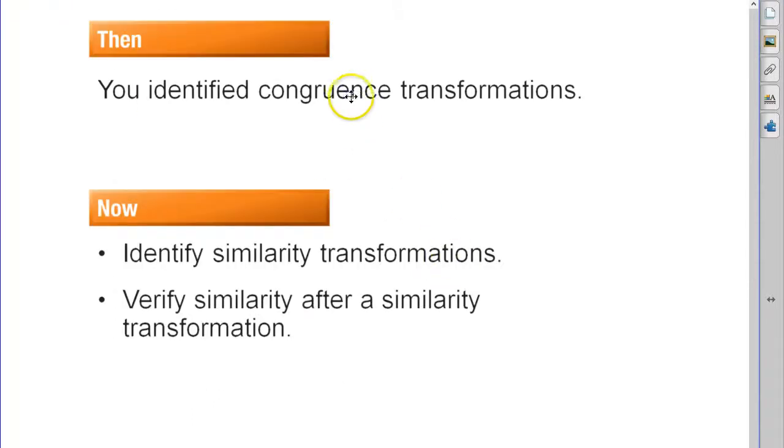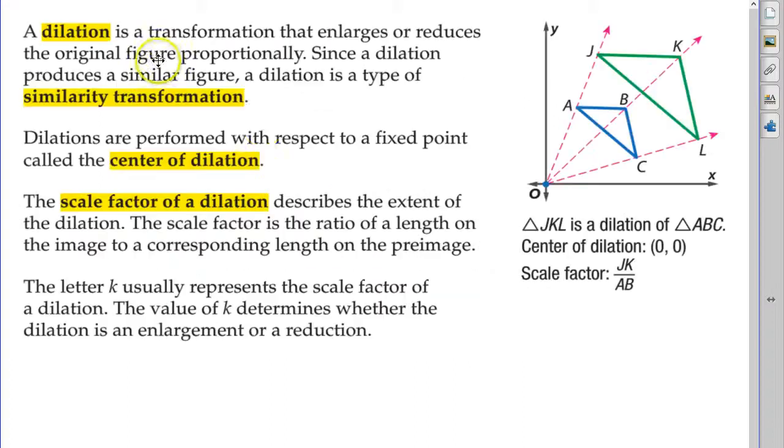So here we go. We've already talked about congruence transformations. Those were reflections, rotations, and translations. And now we have a similarity transformation, which means it's not congruent, it's similar in size, which is called a dilation. So first of all, the thing to define.